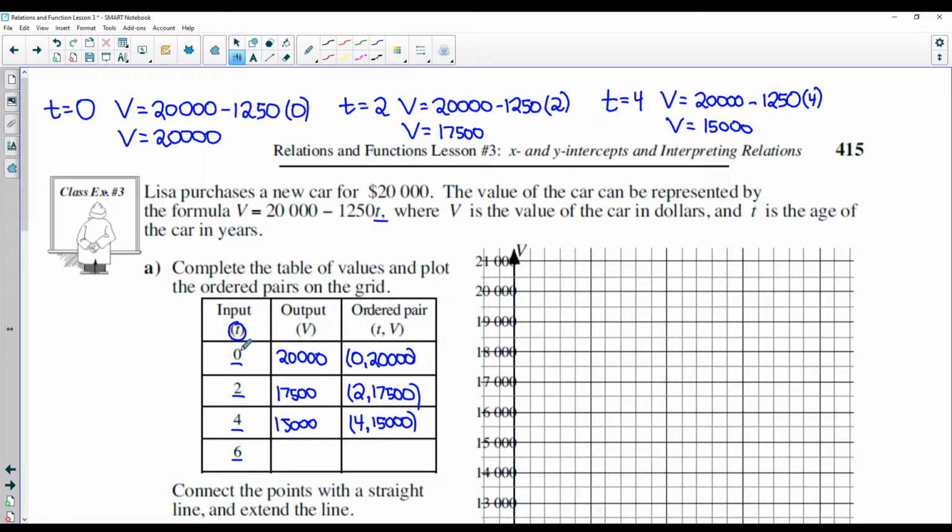So if you look here, for every increase in 2, it looks like the output value is decreasing by a constant number, which is 2,500. So when t is equal to 6, then I just remove another 2,500, and that would give me 12,500. So that would be 6, and then it would be 12,500.